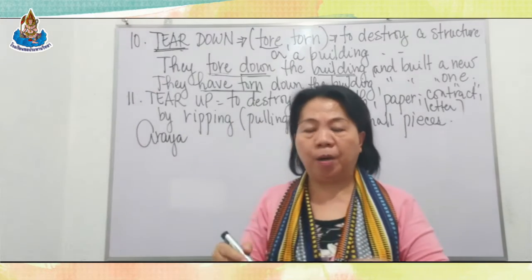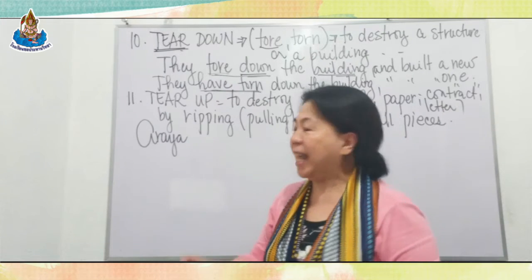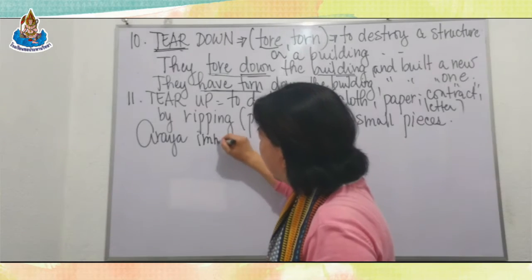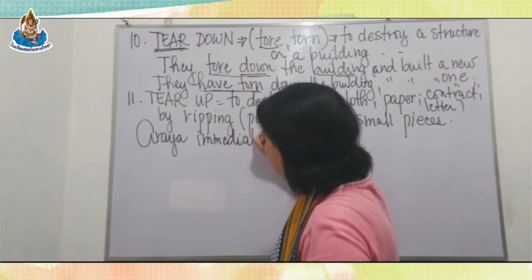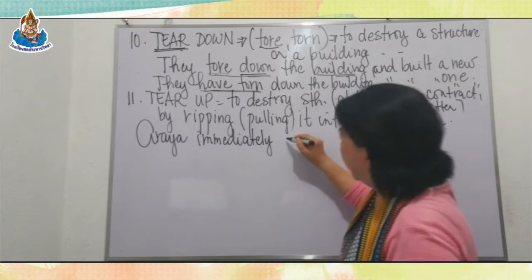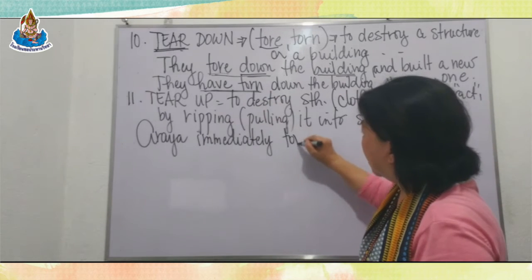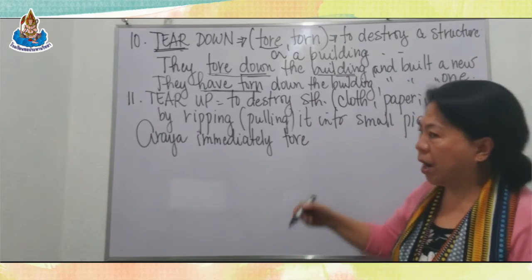So what did she do? Araya immediately or quickly there. Immediately, let's have the past tense. Tore, tore.